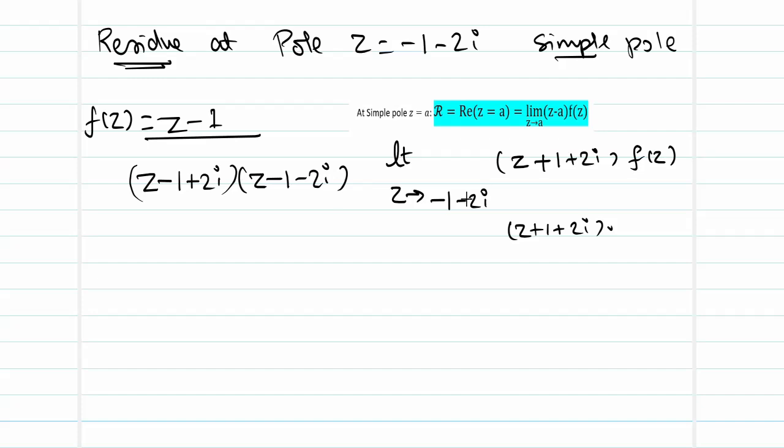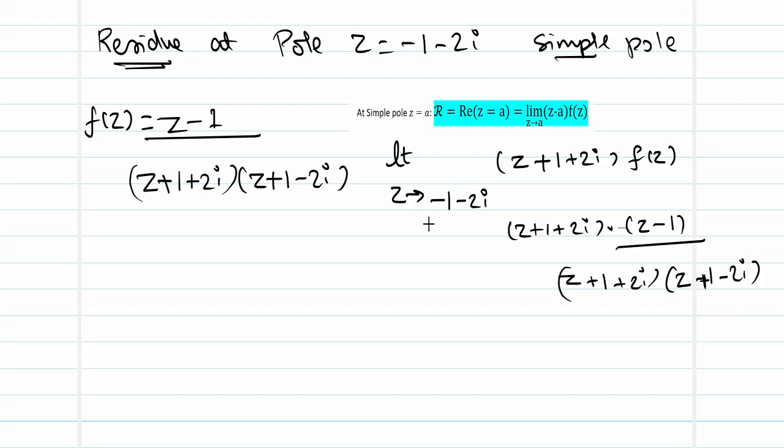Copy paste your function f of z from over here: z minus 1 divided by z plus 1, this again is going to be plus 2i, and over here this is going to be plus 1 minus 2i. So now our function has been rewritten.